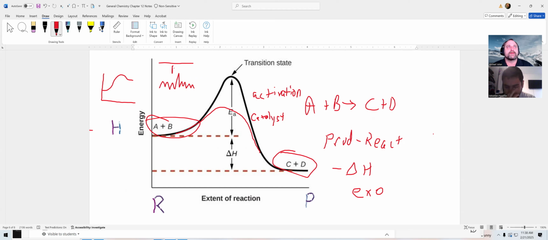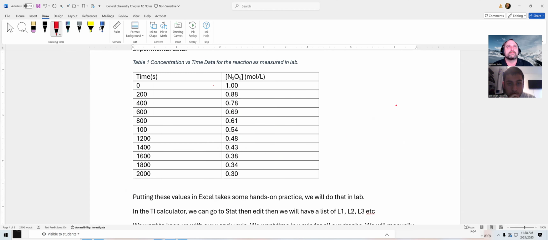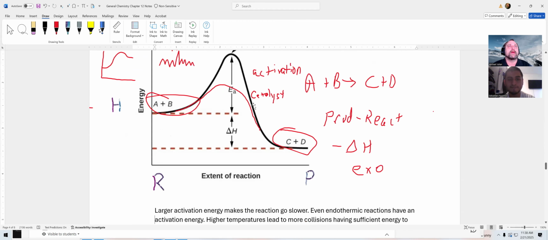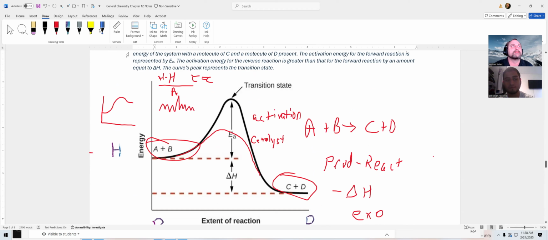For instance, if I just have a surface of platinum and I'm trying to react hydrogen gas with a carbon-carbon double bond, and there are two hydrogens on each of these, if I put them together, they don't want to react very well. But if I have this platinum surface, they both bind to it.